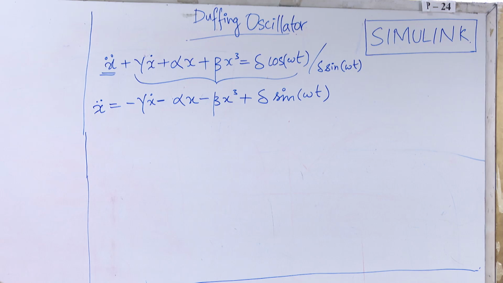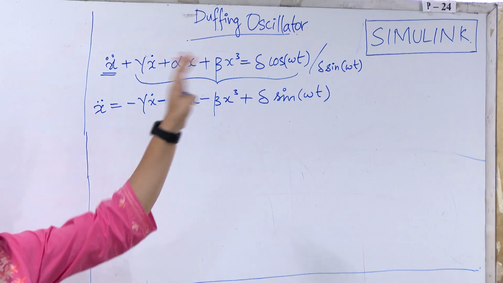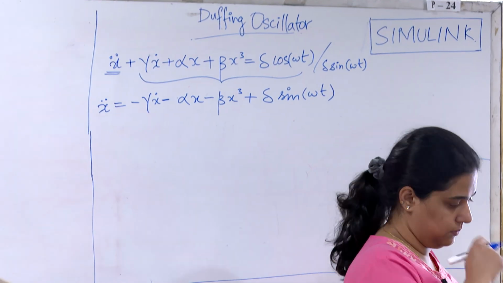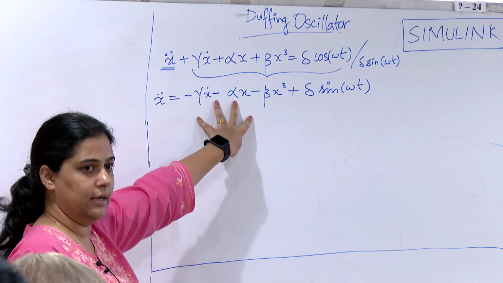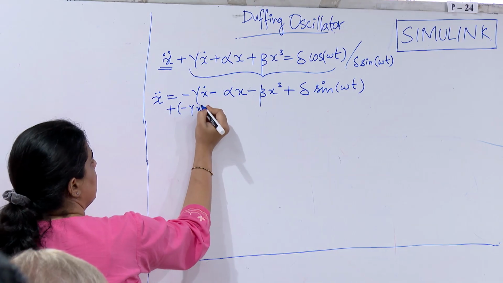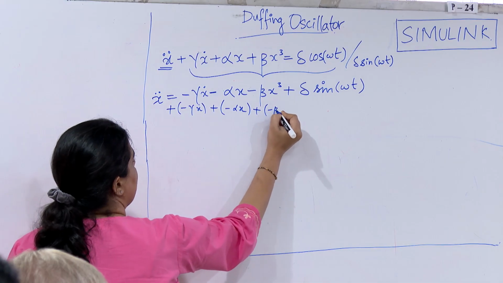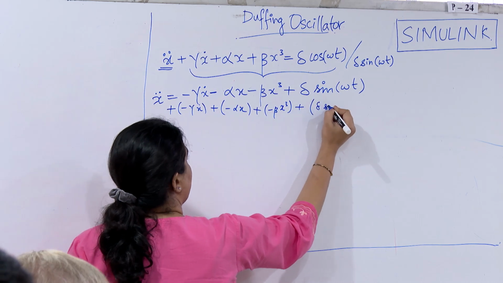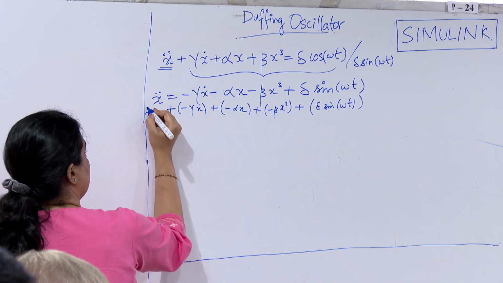Now we will try to design roughly first how the block diagram should look, and then we can model it in Simulink as well. You can see here I have to add everything, right? It is basically adding of minus gamma x dot, adding of minus alpha x, adding of minus beta x cube, and adding of delta sine omega t, which should give me x double dot, right?